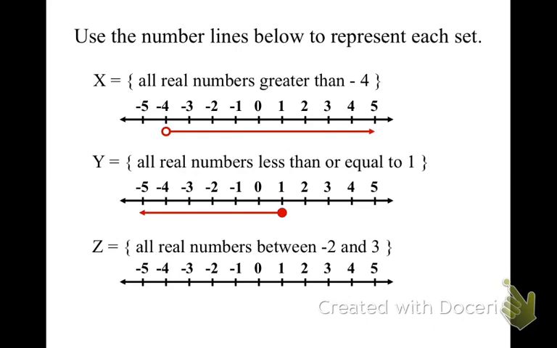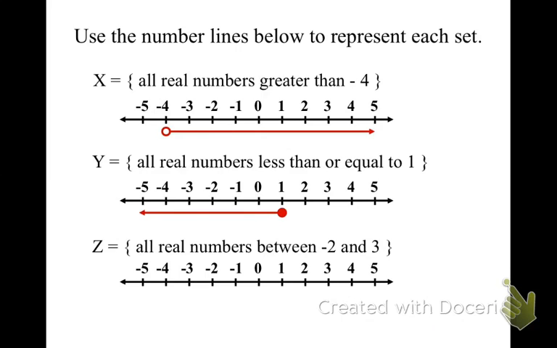Now, for the third number line to represent the set, it says all real numbers between -2 and 3. So my question to you is, does that include -2 and 3? It says between. So what kind of circle do you think we're going to write? That's right, you probably guessed, an open circle.